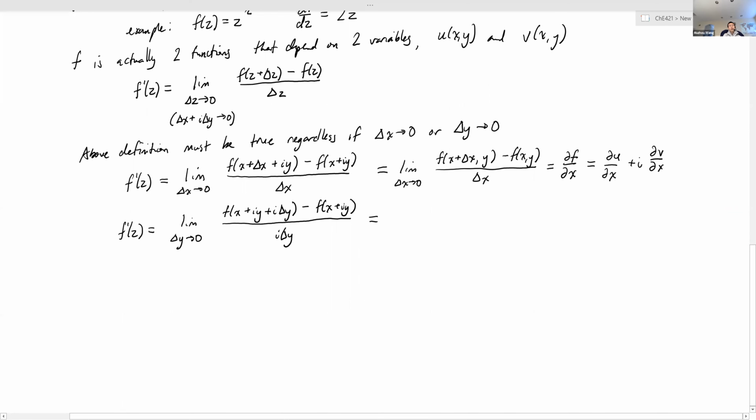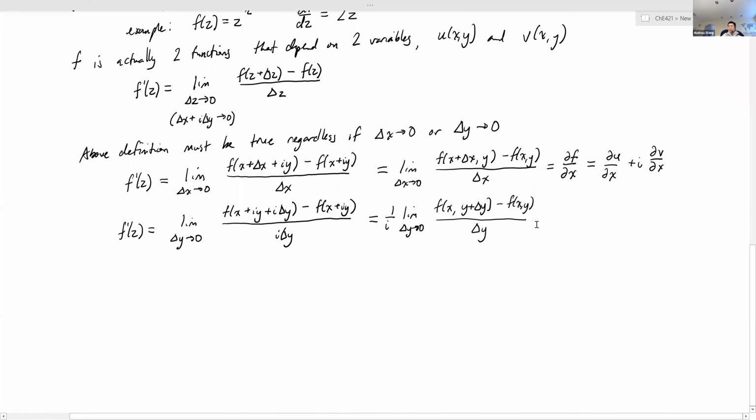This other way of doing things will look pretty similar, right? I'm going to pull my 1 over i out front over here. So I'm going to get a 1 over i here. But then everything else basically looks the same. I have a limit as delta y goes to 0. f of the real component here is x, and the imaginary component is y plus delta y minus f of xy divided by delta y, right?